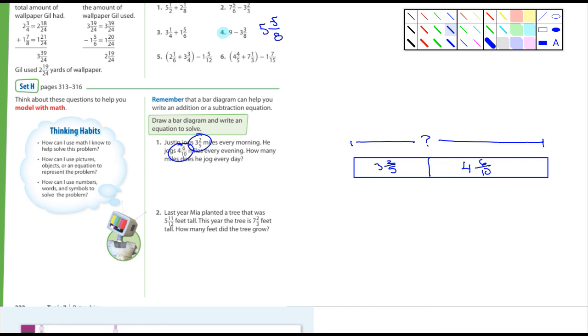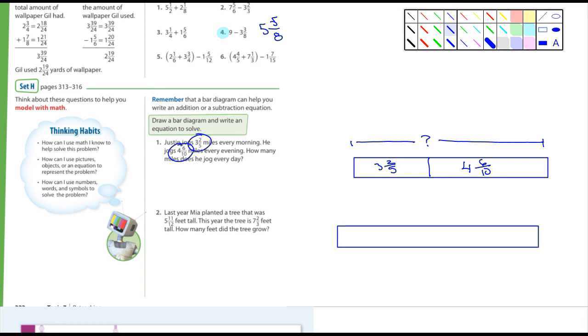Number 2, a little different. You're going to be subtracting, looks like. So last year, Mia planted a tree that was 5 11/12 feet tall. This year, the tree is 7 2/3 feet tall. How many feet did the tree grow? Well, here's how we might represent it, again, as a bar diagram here.